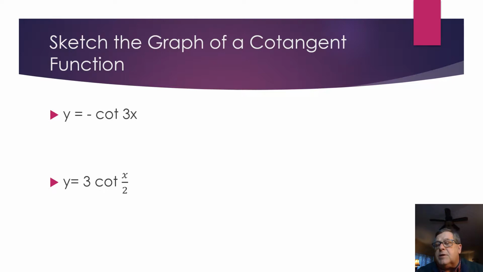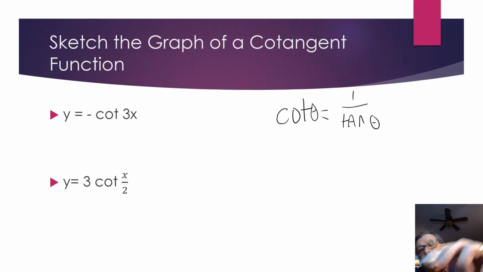And then as we considered the unit circle, we defined the tangent as the sine of x over the cosine of x, which means the cotangent must be the cosine of x over the sine of x. Another way we could look at it is that the cotangent of theta is equal to 1 over the tangent of theta. That's the reciprocal.